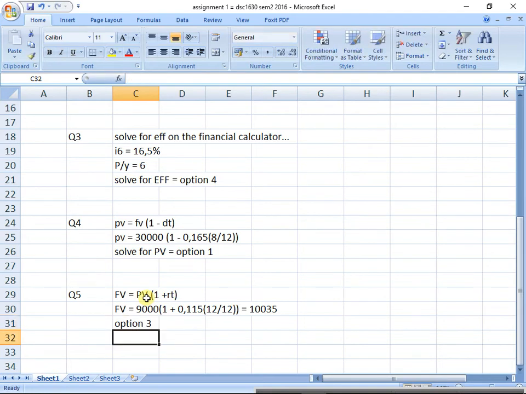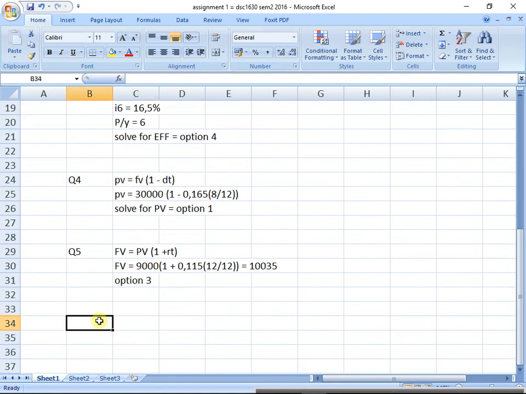Right, question 6. What stands out here? Good. That's key. When you see that word discount rate, I need to use this equation. PV equals future value brackets 1 minus dt. Now I need to interpret. Did they give me an element of time here?